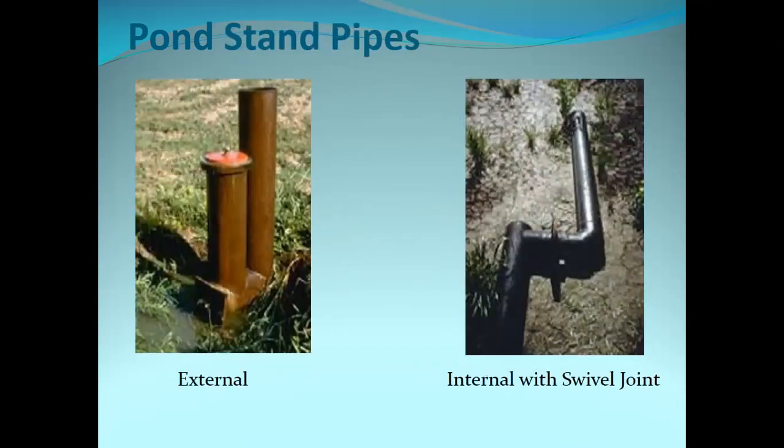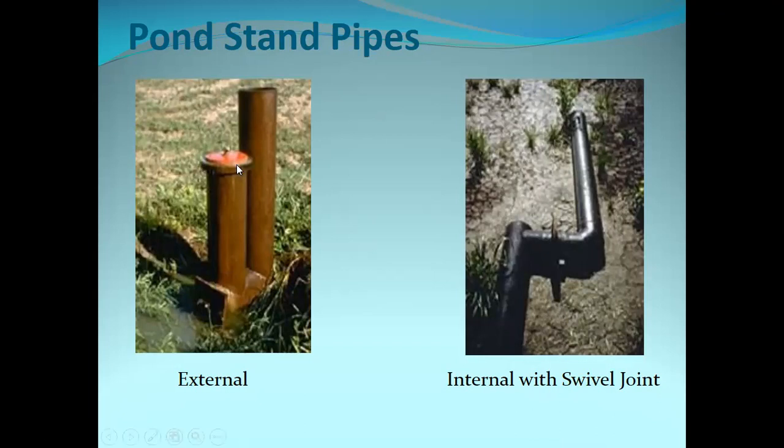So these are some examples of pond standpipes. The external pond standpipe, in the first photo labeled external, is connected at the bottom to the drain out inside of the pond.